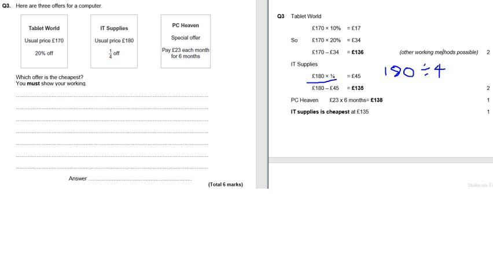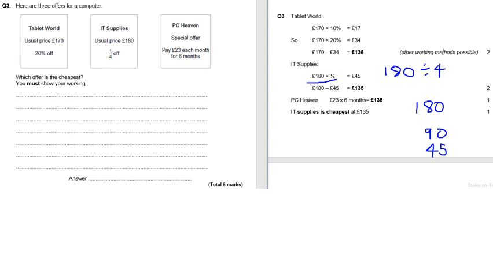To get a quarter off, I think what I did was I was thinking that half of 180 is 90, and then half of 90 is 45. That's the way I'd get a quarter. Whichever way is up to you. And then the 180 minus 45 is this one.